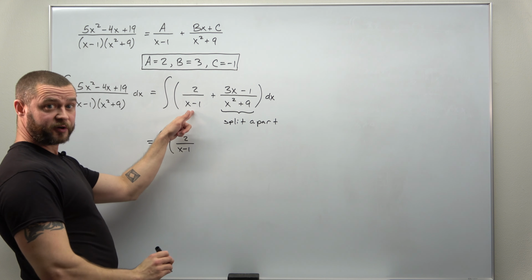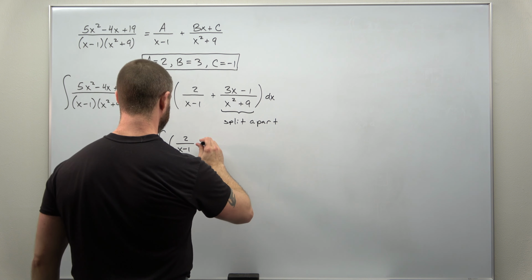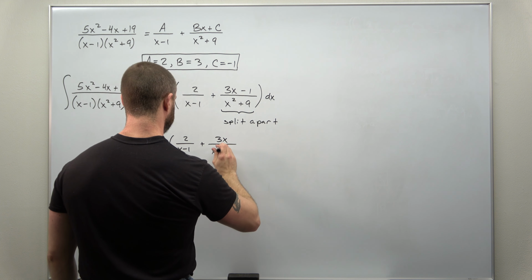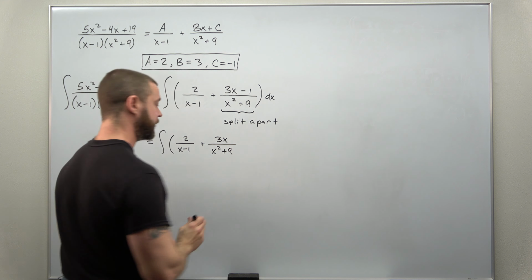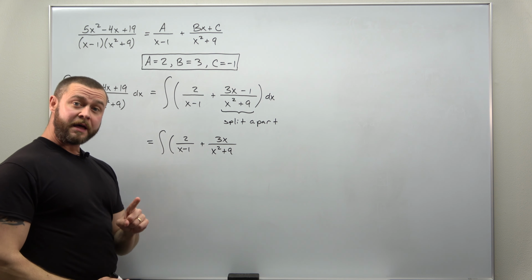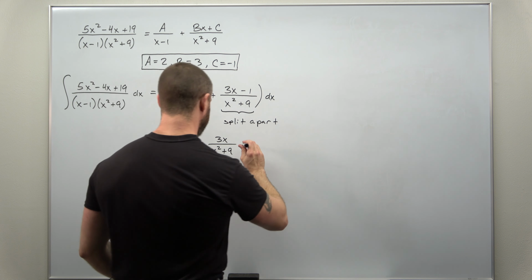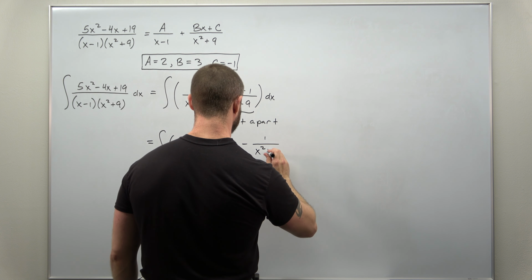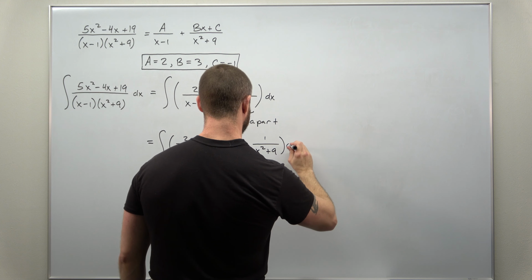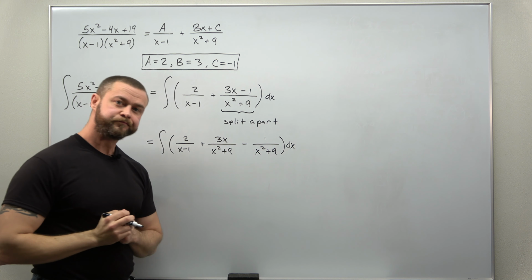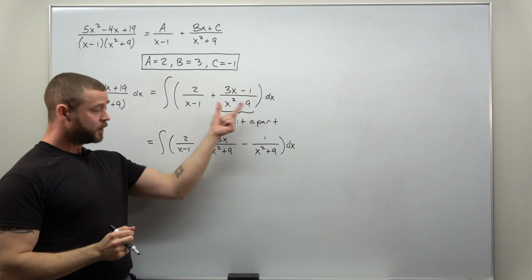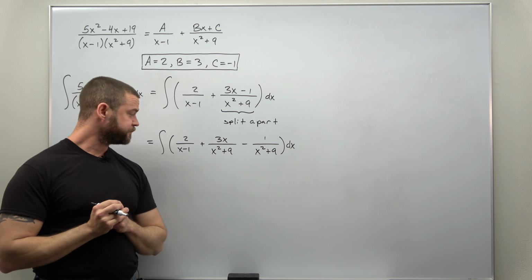All right, don't forget your first term, that we're not doing anything to. But we get now 3x over x squared plus 9, and then minus 1 over x squared plus 9. All right, and that makes the last integral much more manageable.